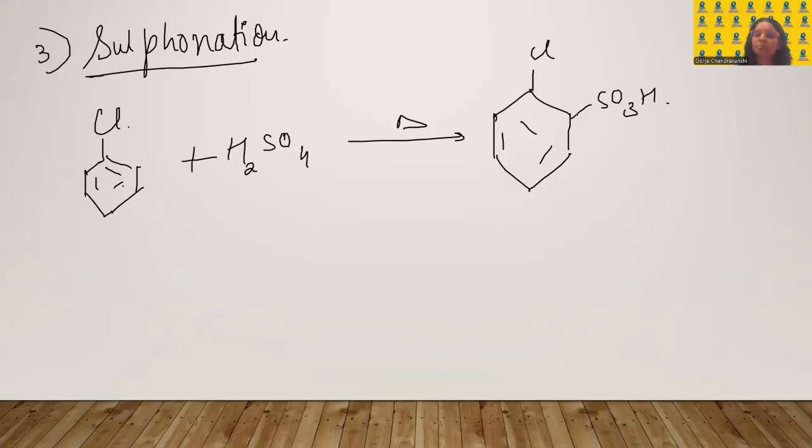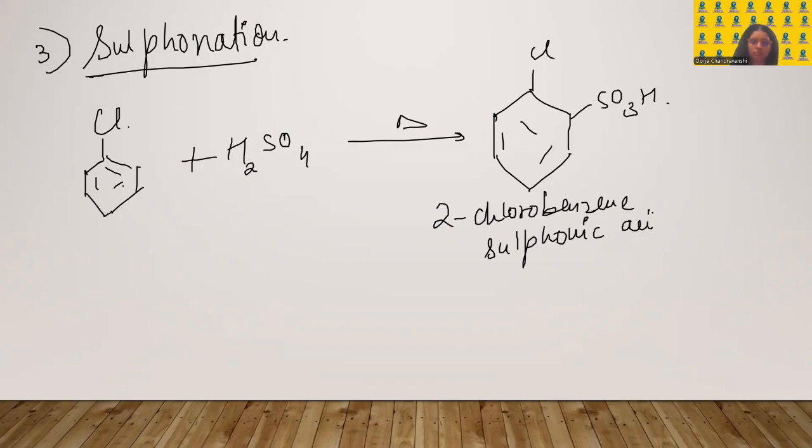Please try to name it by pausing the video once. This should be 2-chlorobenzene sulfonic acid. Along with the para isomer.